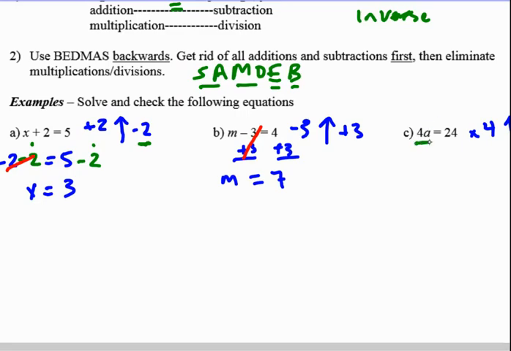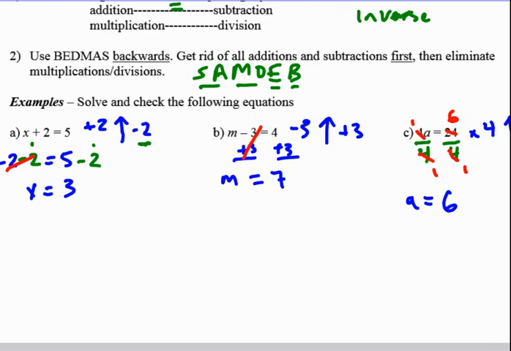Divide both sides by 4. Whenever we divide, that's going to make the 4s cancel to ones. Well, of course, 1 over 1 is just 1. So we have a equals, and then we say, okay, well, 4 goes into 4 one time, and 4 goes into 24 6 times. So our answer is a equals 6.